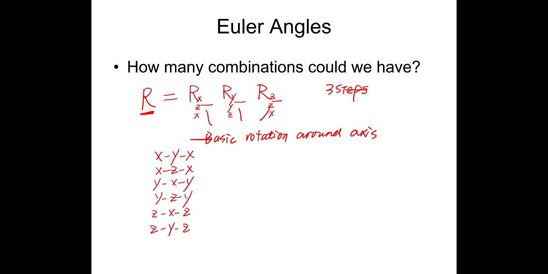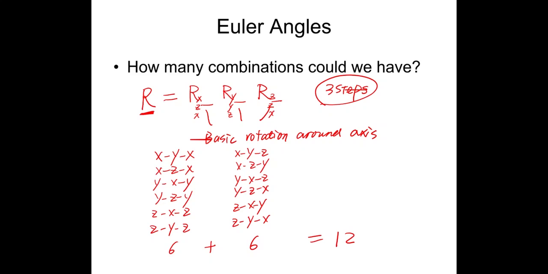We can also do x, y, z in a sequence: x, y, z, x, z, y, y, x, z, y, z, x, z, x, y, and z, y, x. That's all. So in total, we have 6 plus 6. We have many methods to achieve these 3 steps, and with all these types of 3 steps we can get the R.